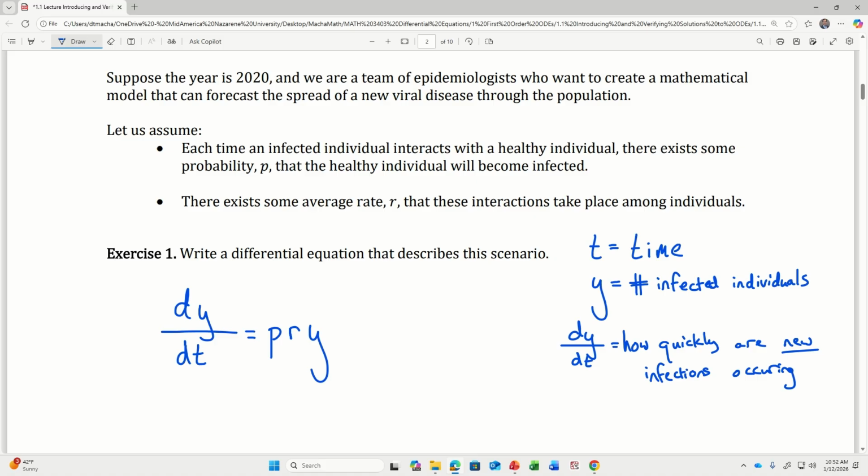And that's equal to dy/dt, the number of people per day that are getting the new infection. So there's still one thing missing from this differential equation.